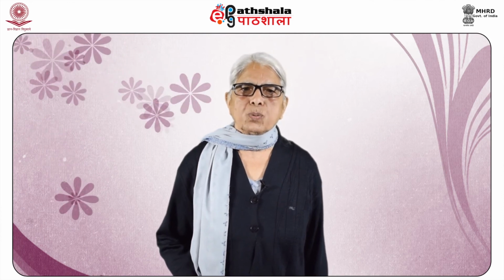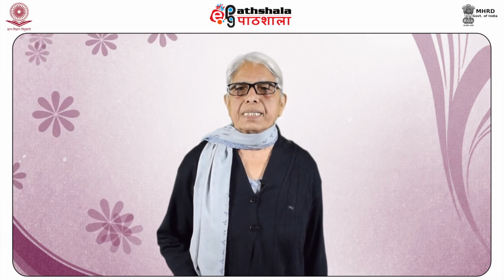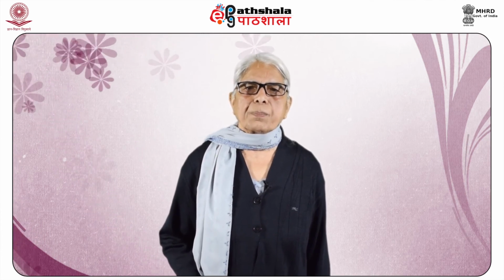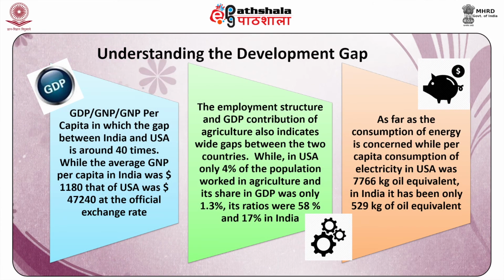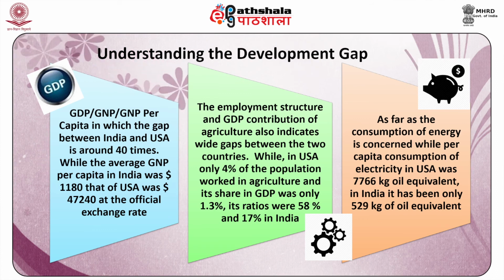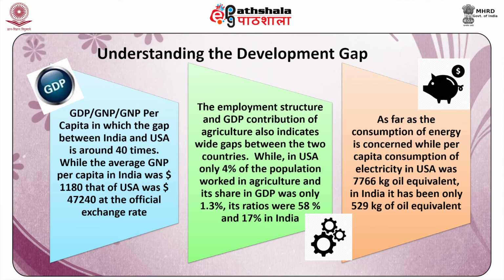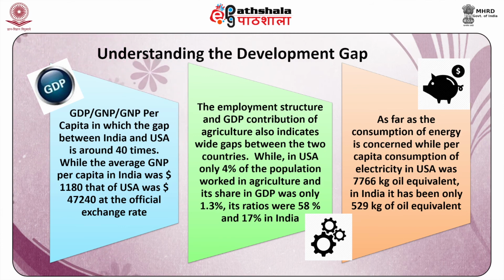In order to measure the development gap, we can evaluate all those indicators which are used to measure development, such as A. GDP, GNP per capita, in which the gap between India and USA is around 40 times, while the average GNP per capita in India was $1180, that of USA was $47,240 at the official exchange rate.